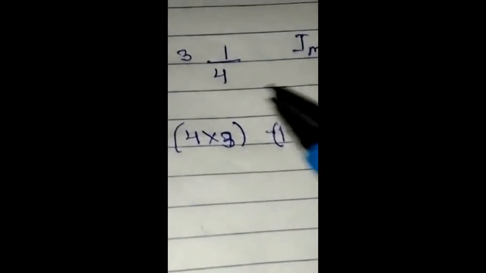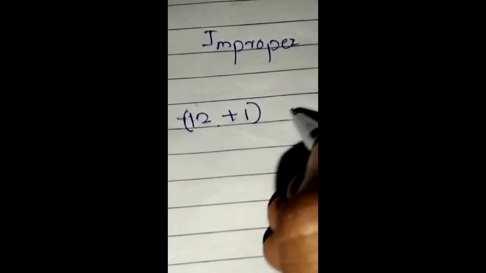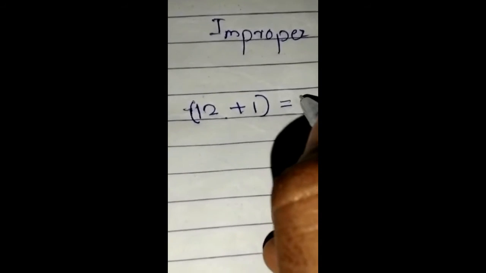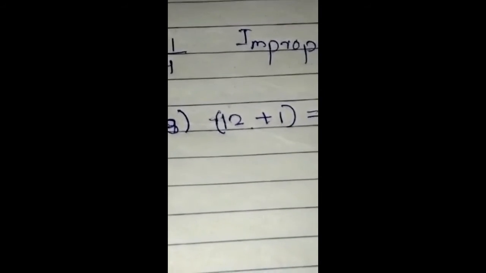Then we have to add the numerator of the fraction. Which is the numerator? The numerator is this one, plus 1. 12 plus 1 equals 13.